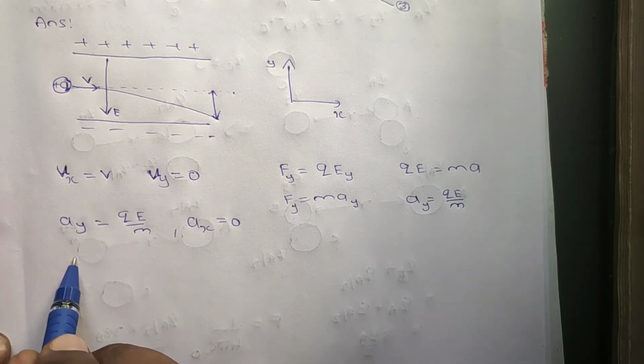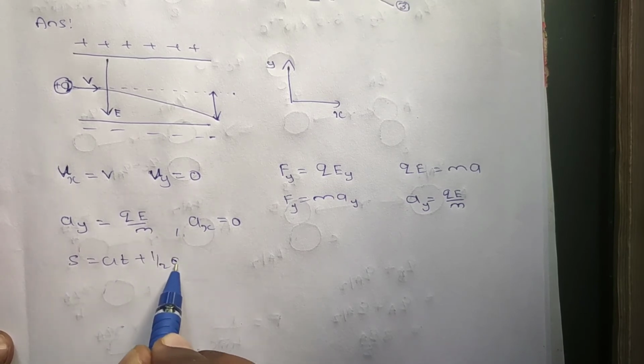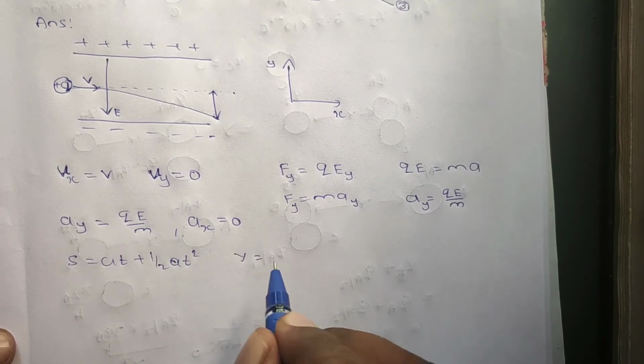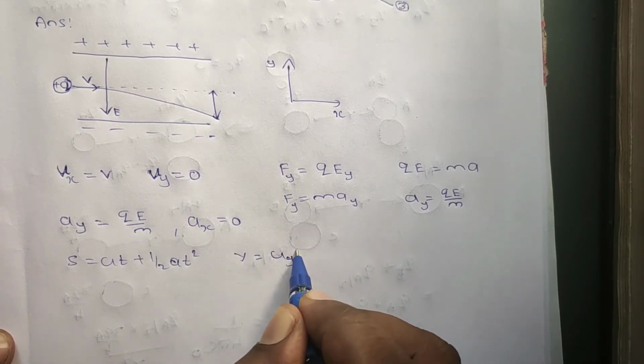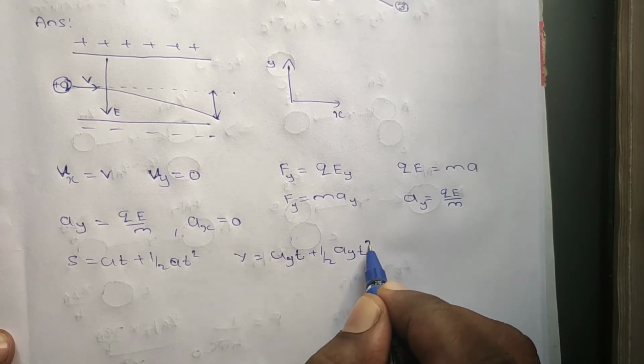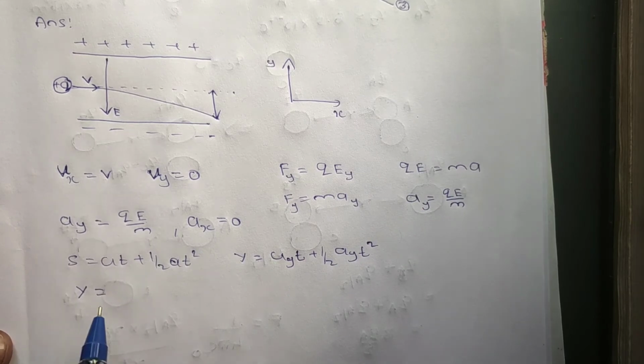S is equal to ut plus half at square. So y is equal to uy t plus half into ay t square. Here uy is equal to 0.